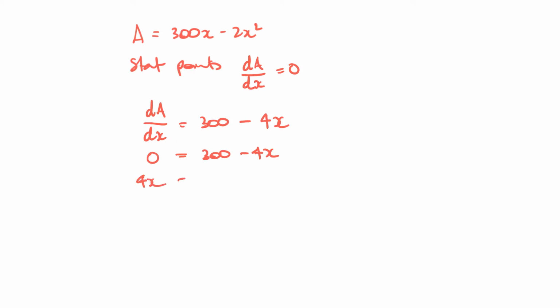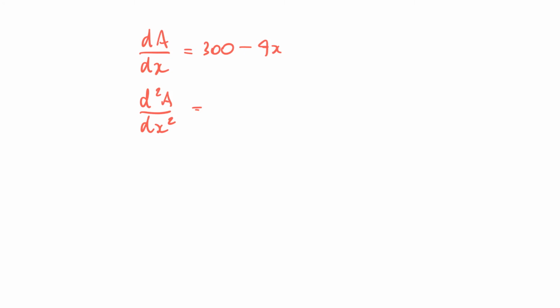So we're going to get 4x is equal to 300, dividing by 4, x is equal to 75. So we have found a stationary point. This does not definitely mean that it is a maximum stationary point. Okay, so for that we need to look at the second derivative. So let's go and do that now. Okay, so if we have the first derivative being 300 minus 4x, that means our second derivative is going to be just negative 4.